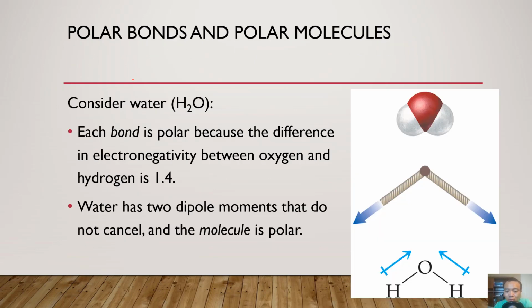Let's consider the situation for water. In water, you also see two polar bonds, because oxygen is more electronegative than hydrogen. So the bond polarity is pointing toward oxygen. Oxygen is partially negatively charged. When you look at this case, the two bond polarities do not totally cancel out.